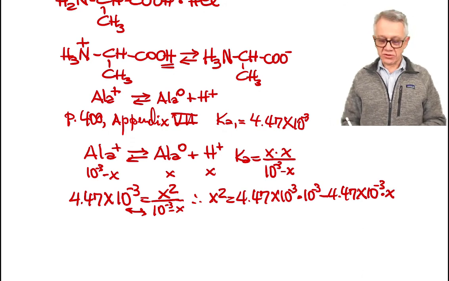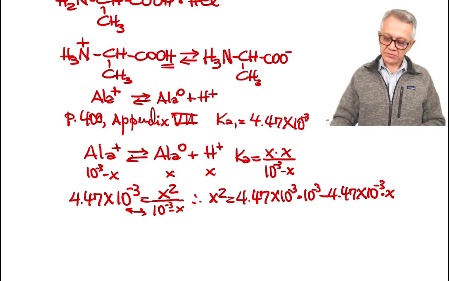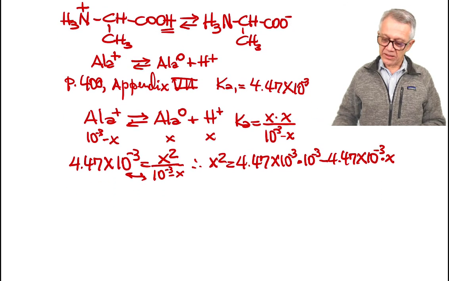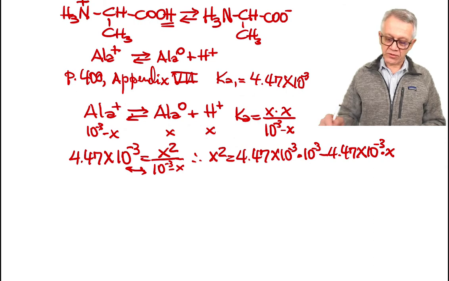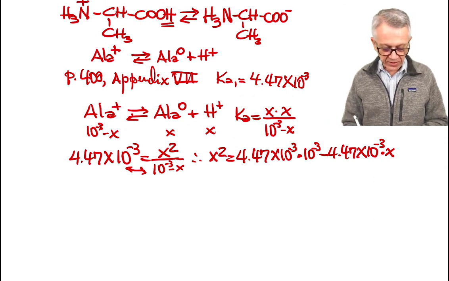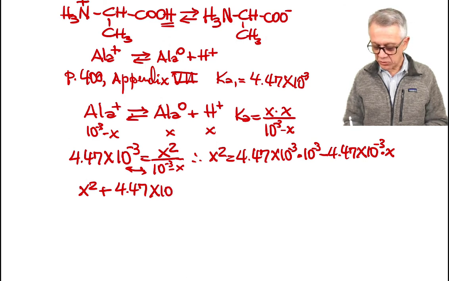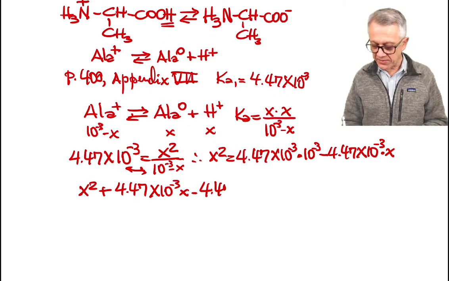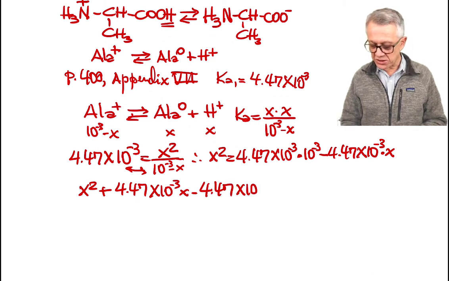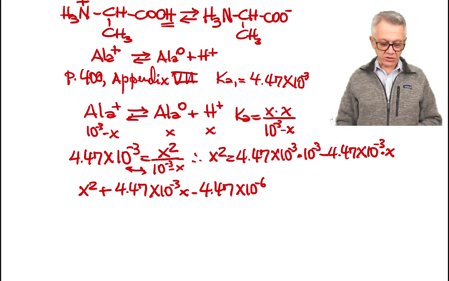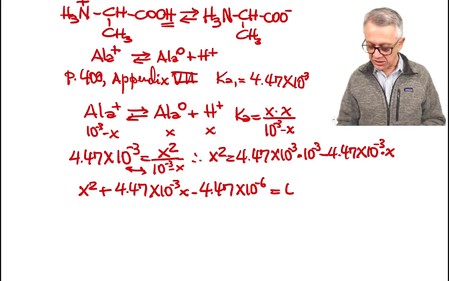I put all the terms in a similar place and get a little more room for writing. So we're going to have all the terms together. We're going to have x squared plus 4.47 times 10 to minus 3 x minus 4.47 times 10 to minus 6, that is, 10 to minus 3 times 10 to minus 3, so 10 to minus 6, equals 0.